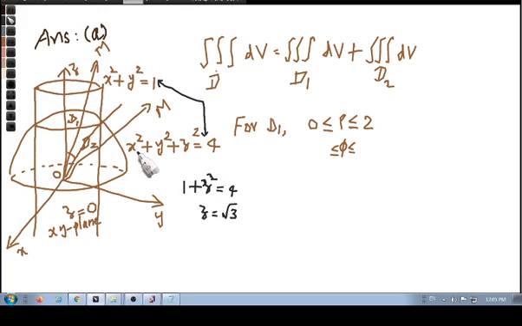So this point is precisely x comma y comma root 3.